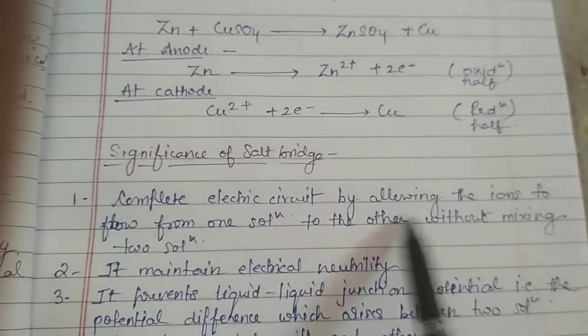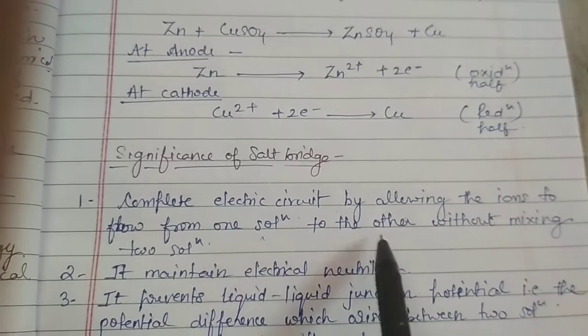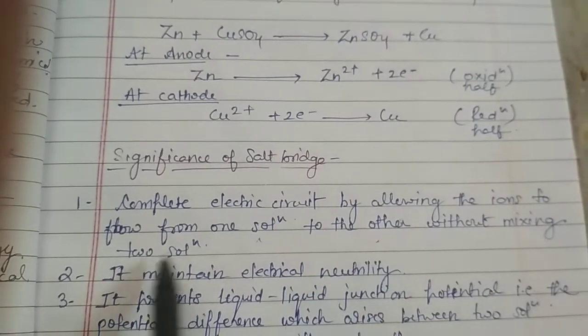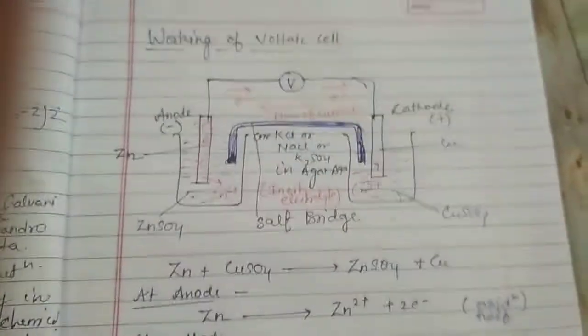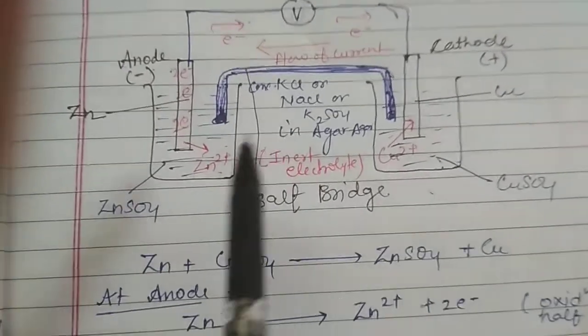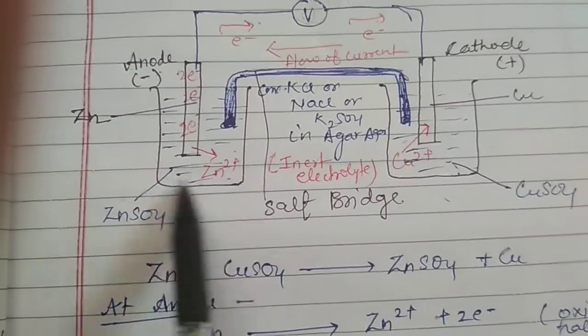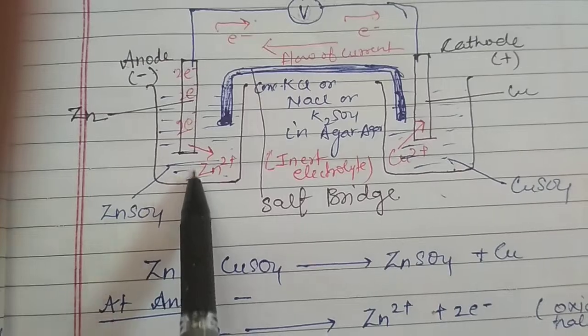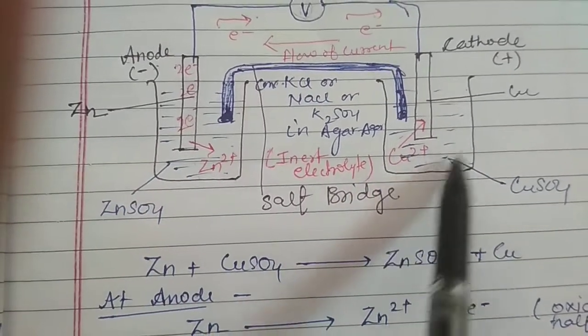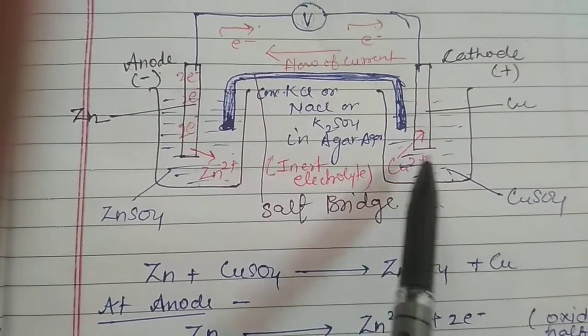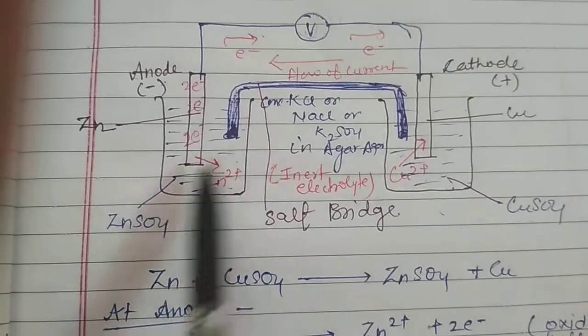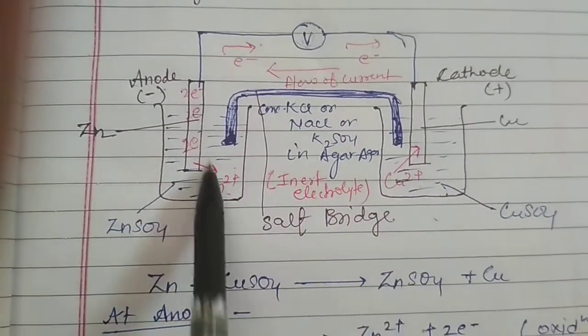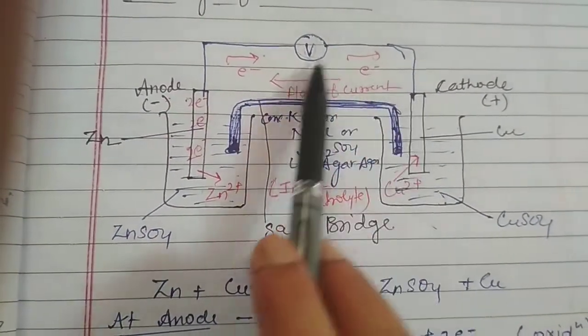Now what we have written: it allows the ions to flow from one solution to the other without mixing the two solutions, means as I have told you, here the accumulation of positive charge due to zinc ion and here the accumulation of negative charge due to sulfate ion would be there. No electrical neutrality is there in the solution, so there would not be any flow of electrons and no flow of current.